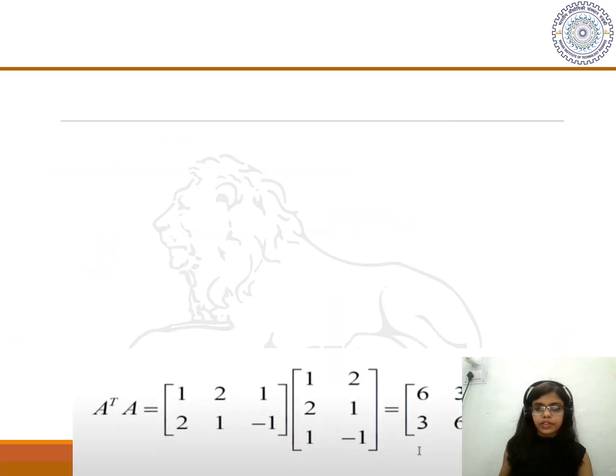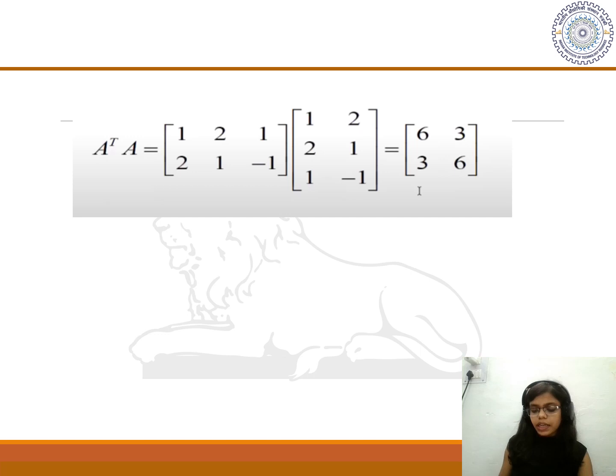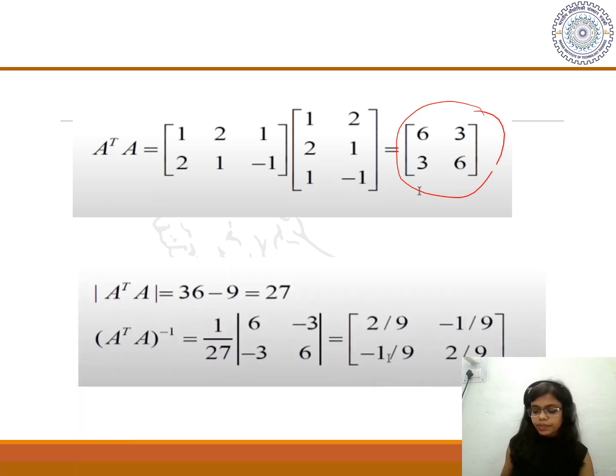Moving to A transpose A, we simply multiply the transpose of A with A, and we get this square matrix. Next, we find the determinant of this A transpose A, that is 36 minus 9, that is 27.